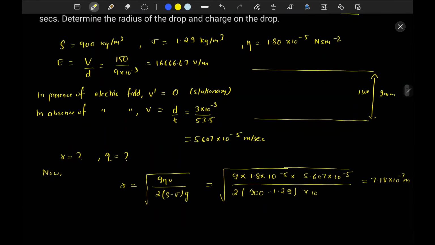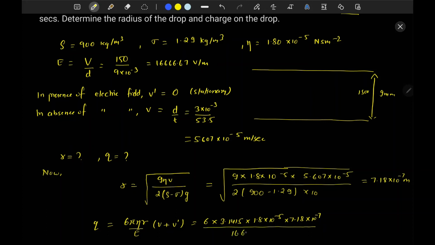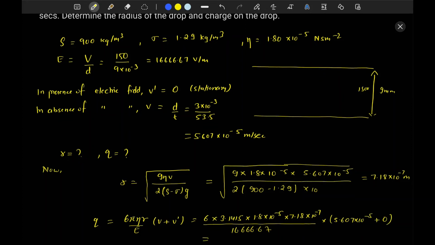Similarly, the charge on the drop can be calculated by using the formula 6 pi eta r by electric field into v plus v dash. 6 into 3.1415 into 1.8 into 10 power minus 5 into radius, calculated as 7.18 into 10 power minus 7, divided by electric field 16666.67, into 5.607 into 10 power minus 5 for v plus v dash 0.